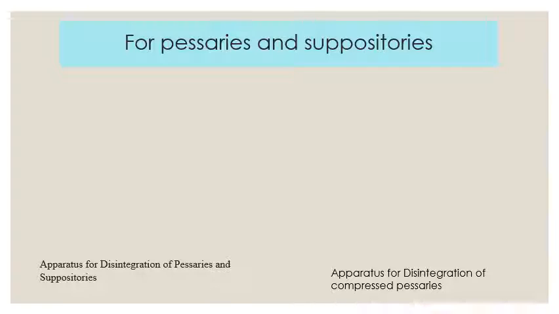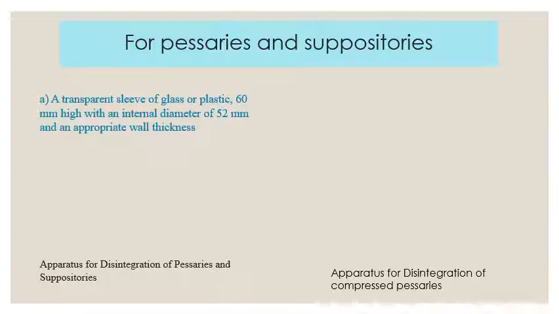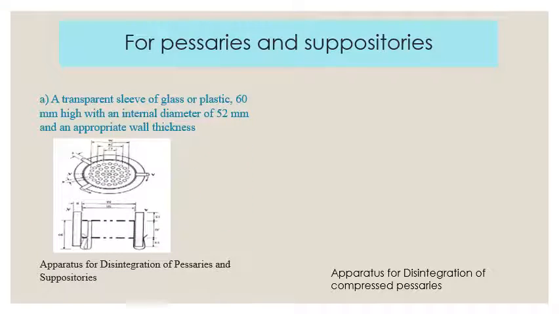Now we will see the disintegration test for pessaries and suppositories. First is a transparent sleeve of glass or plastic, 60 millimeter high with an internal diameter of 52 millimeter and an appropriate wall thickness.